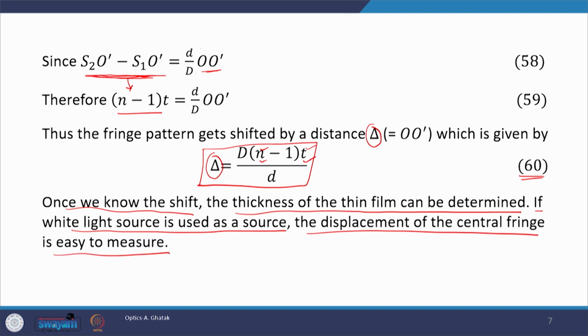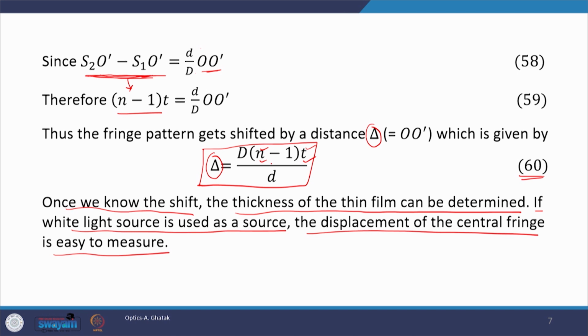Here the white light interference comes in handy. As soon as we insert the film, the whole fringe pattern shifts, but since the fringes are indistinguishable, we would not be able to measure the shift. How to measure the shift? Also illuminate the setup with white light.